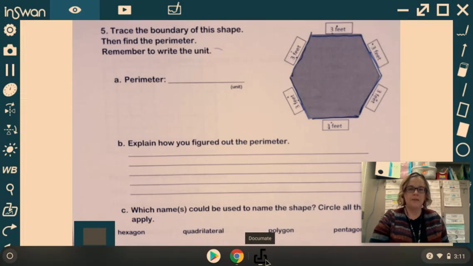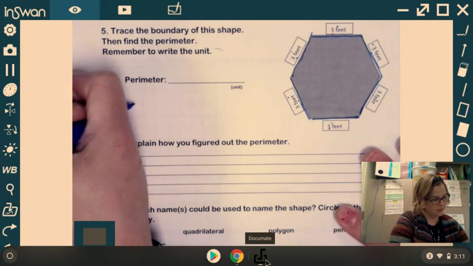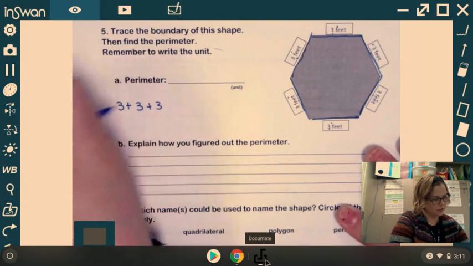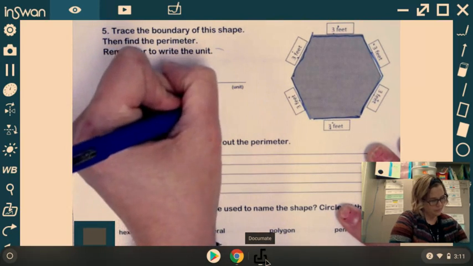So my perimeter is going to be 3 plus 3 plus 3 plus 3 plus 3 plus 3.